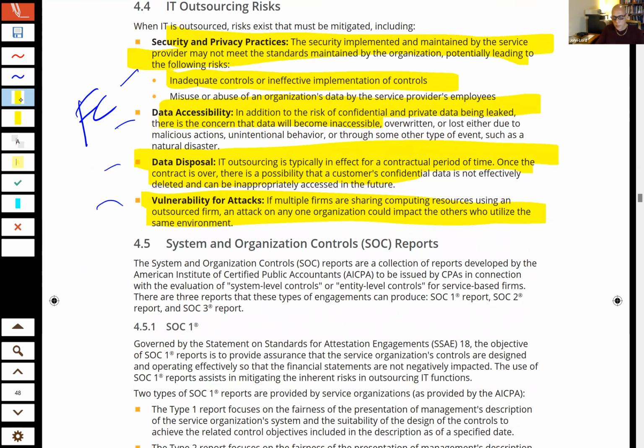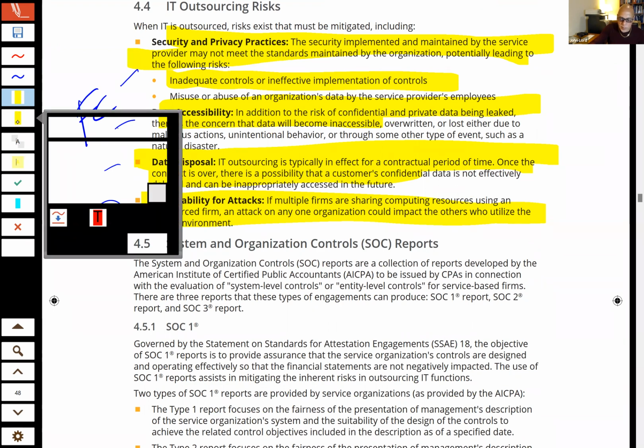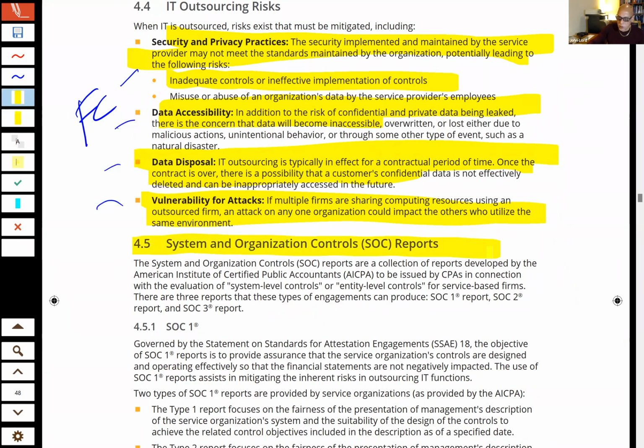To me, one of the most effective things to do is to get one of these SOC reports before you basically engage with one of these outsourcing companies. The AICPA has provided guidance as to how CPAs can provide assurances around somebody's system so you feel more comfortable that you're not going to run into some of these risks that we're talking about.